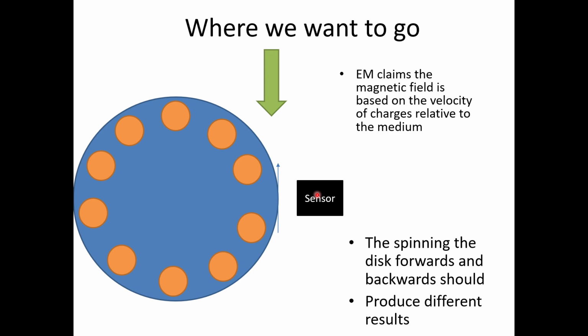Where we wanted to go with this is to take a disc with some copper plates in it that are going to be charged. What I'm showing here is figurative only, because in reality, if we make this disc, which we just might, we would have little sectors around the edge of the wheel. It's just easier to draw this. The idea is that we charge up these plates with a certain voltage, which puts a certain amount of charge on them, and then we spin this disc in one direction.